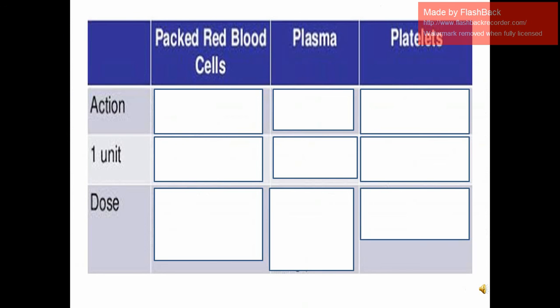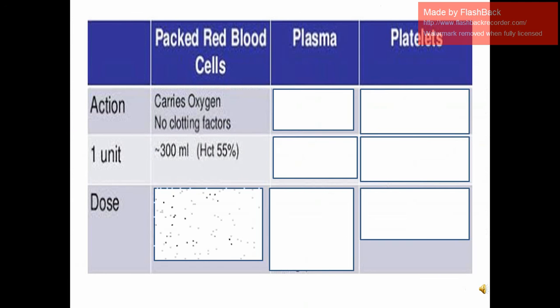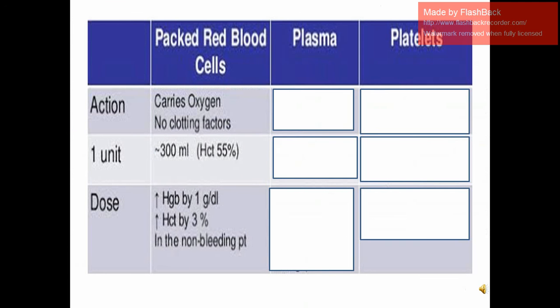These are the blood products that are usually transfused to patients with lower gastrointestinal bleeding. It is important to note their specific actions. One unit of packed red blood cell can increase hemoglobin by 1 gram per dL and can also increase hematocrit by 3%.